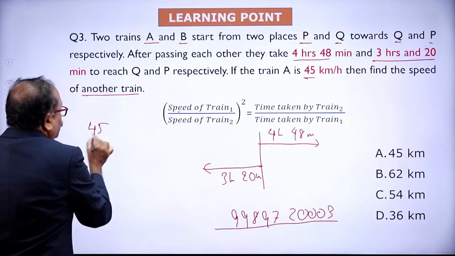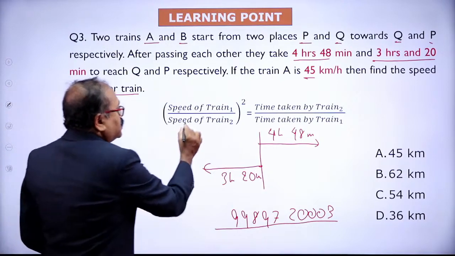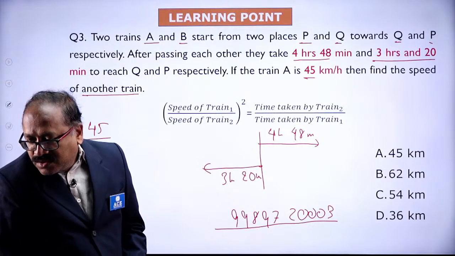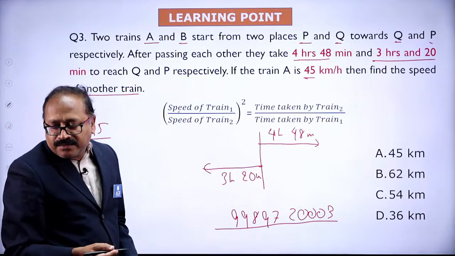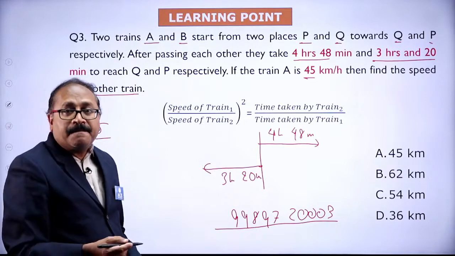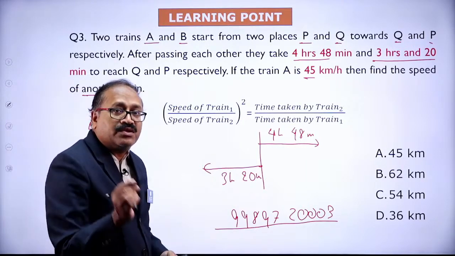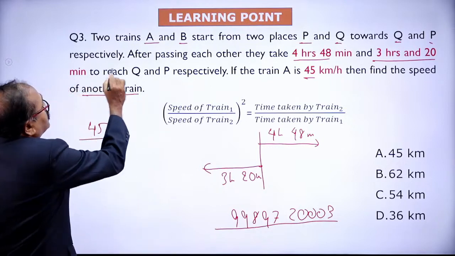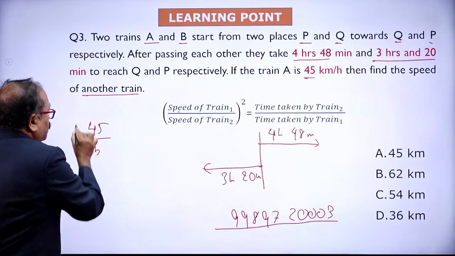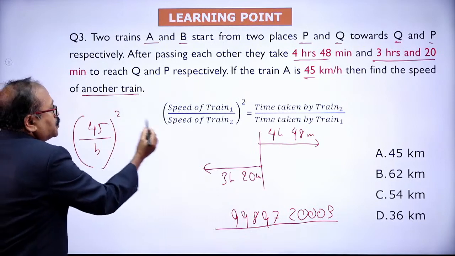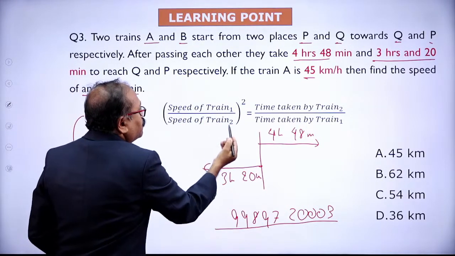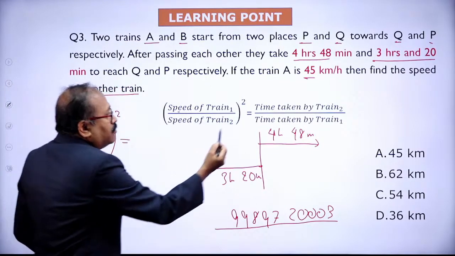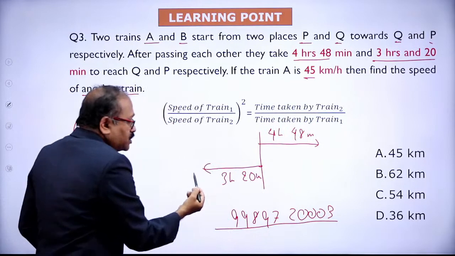So 45 by the speed of train B, let's take it as B, whole square. That is the speed of train 1 by the speed of train 2, whole square, which is equal to the time taken by train 2 after crossing.